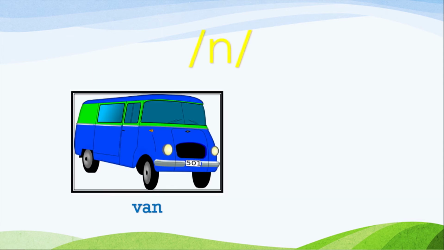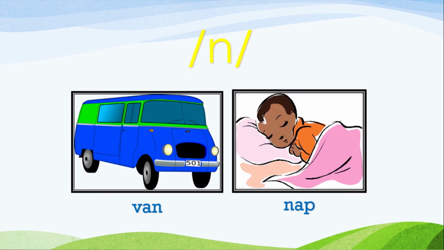We are listening for the N sound. Which sound? The N sound. That is a picture of a, say the word for me, van. What is it a picture of? It's a picture of a van. Our word is van. Look at that picture.